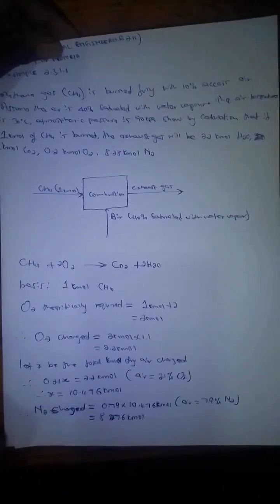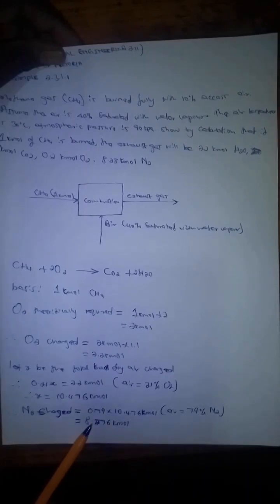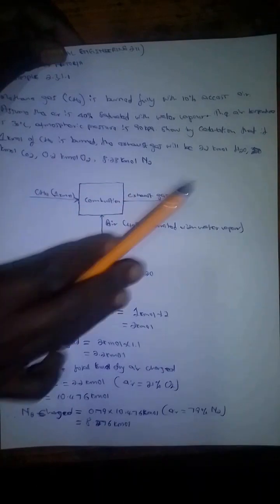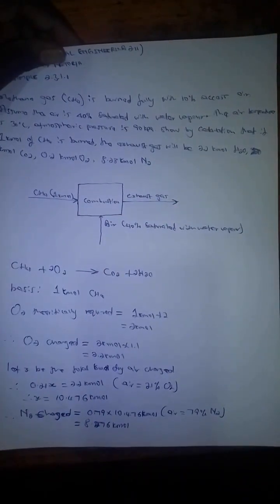We then go to nitrogen. One thing we know about nitrogen is that the only nitrogen that came in was as air, and we already calculated how much nitrogen was in the air, and there's no other nitrogen in the reaction. Another important thing is that nitrogen is inert in this case, so it doesn't react. So all of the nitrogen that came in as air left the combustion chamber as nitrogen, in the exhaust gas.